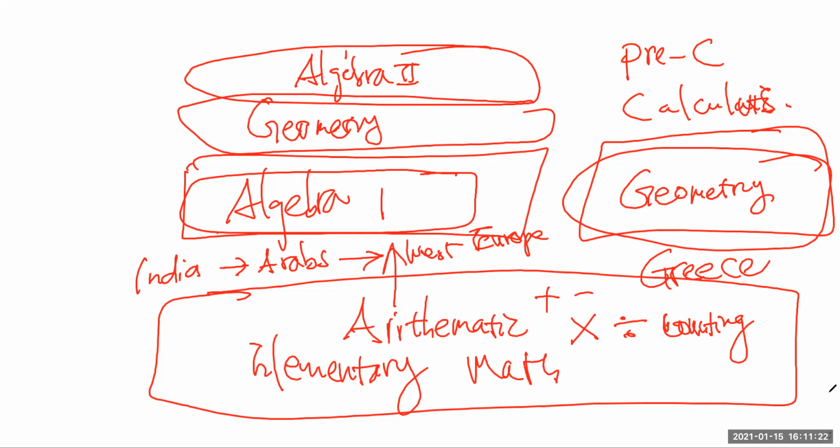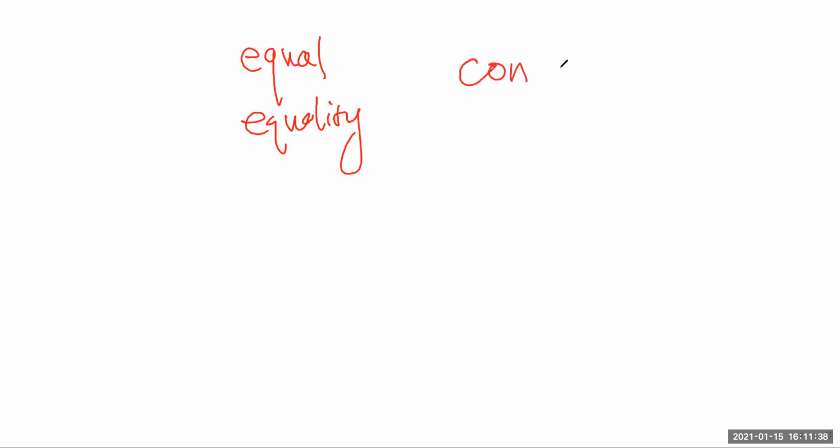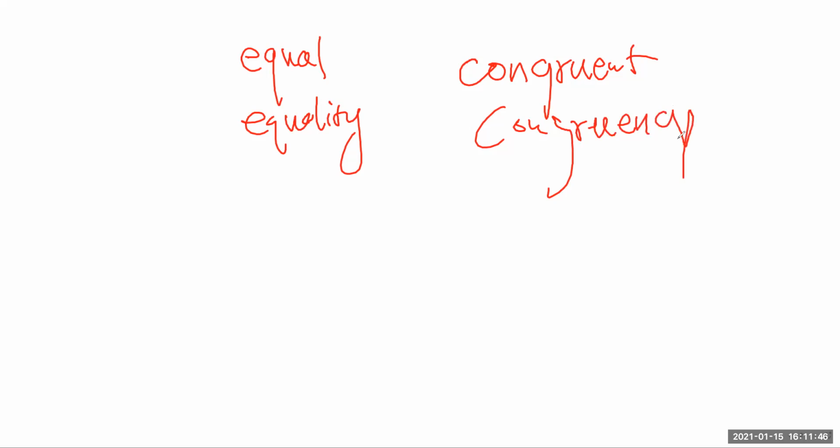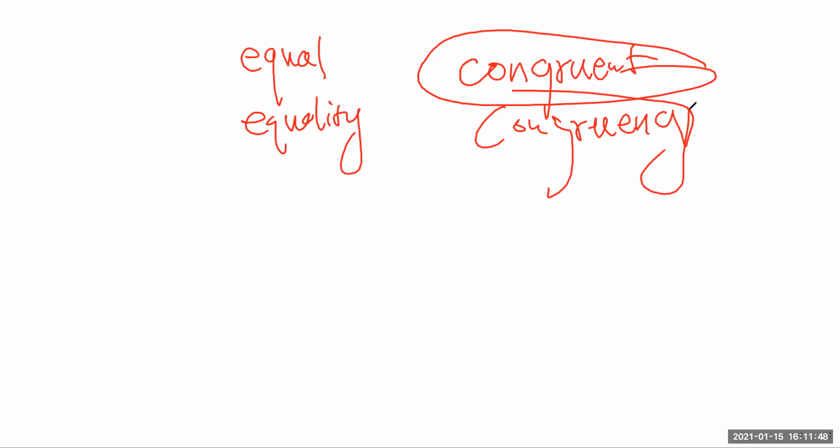So the first thing is the difference. In algebra, we say equal or equality. Now in geometry, we say congruent or congruency. It means equal, but we are using different vocabulary.